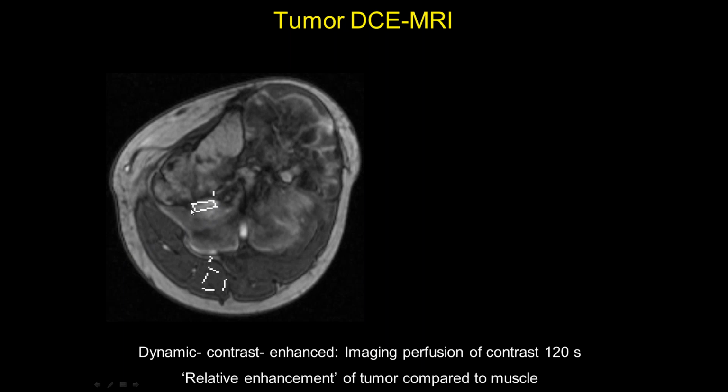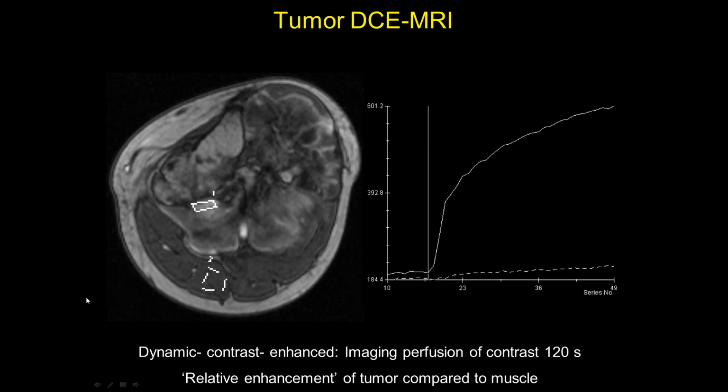So we will place a region of interest on the most enhancing bits of the tumor itself. And for comparison reasons, we will also place a ROI at the site of normal adjacent muscle. And so this is a typical type of curves that we will get. So the normal adjacent enhancing muscle is the line that we can see here. So there is this slow but steady enhancing muscle tissue.